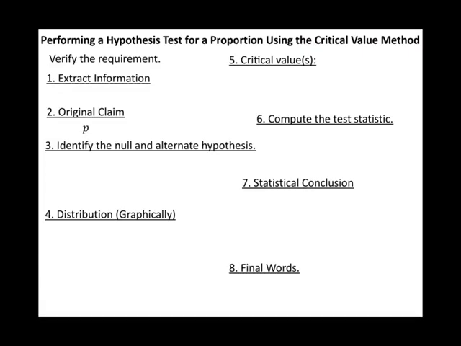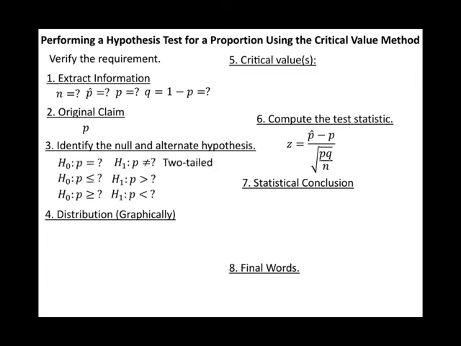Okay, again, figure out the original claim, find the test statistic formula, figure out the extracted information, write down the null and alternate hypothesis. Number 1, 2, 3, 6 are exactly the same as the p-value method. The only difference is going to be the distribution, critical values, and the conclusion.